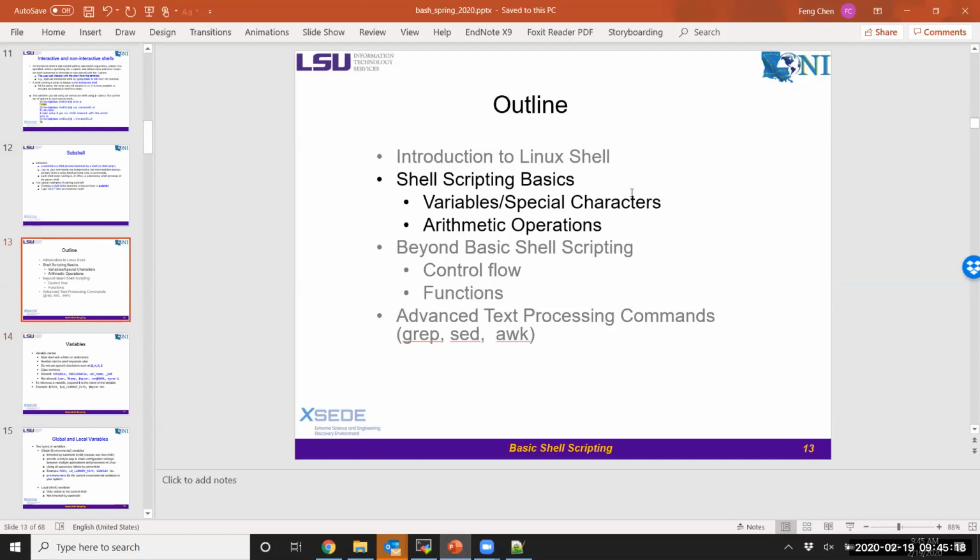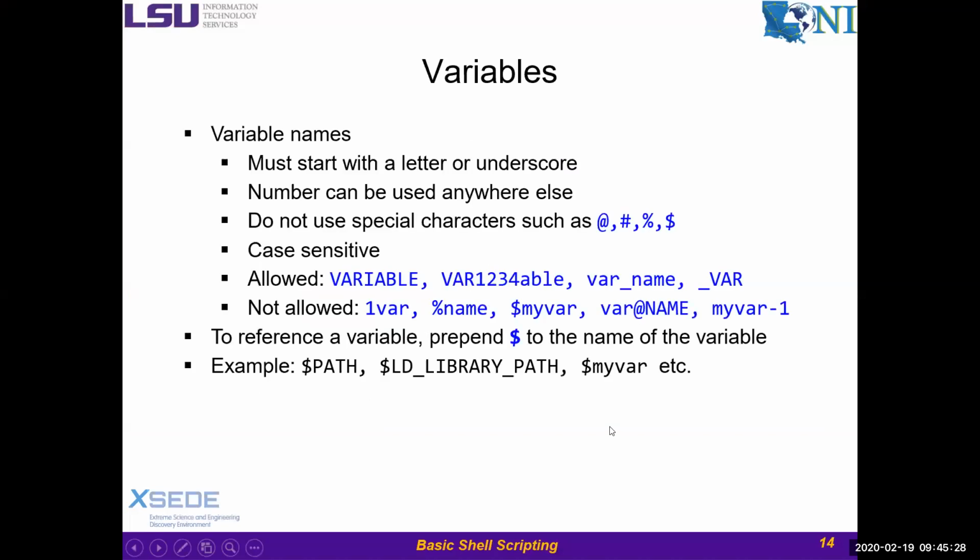All right, so we have finished the introduction part, and now let's go to the basics of how we operate on the shell. So how do we define a variable? It's quite simple. Start with a letter or underscore, it cannot start with a number.